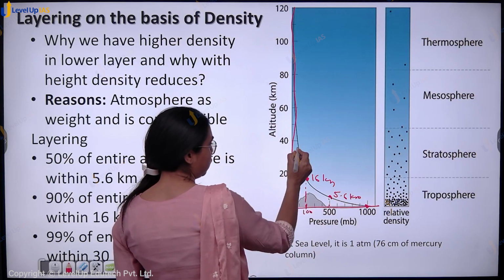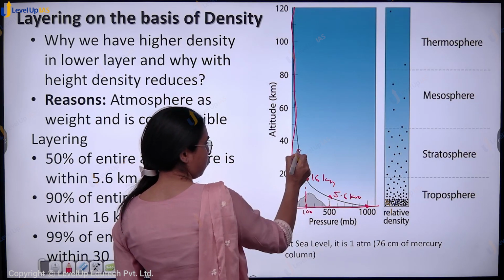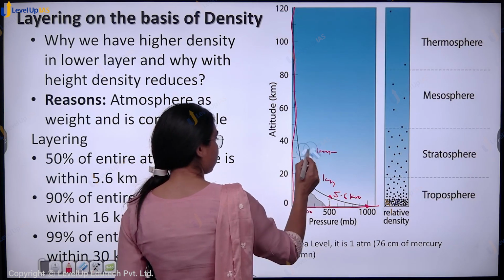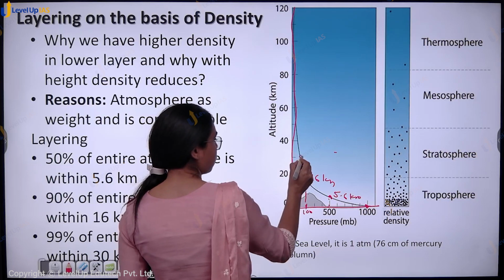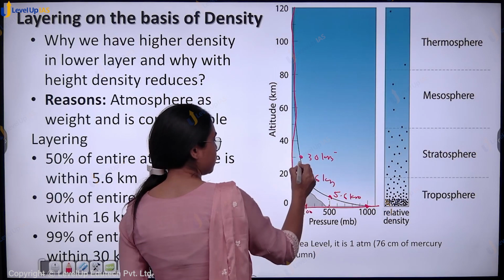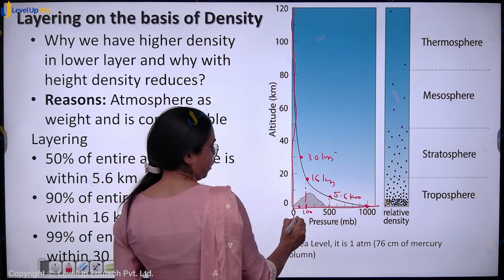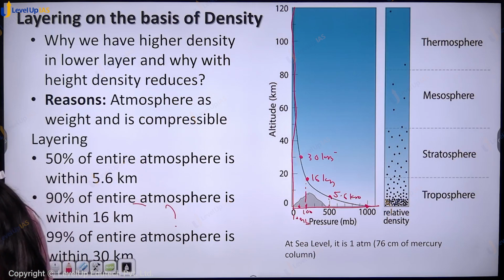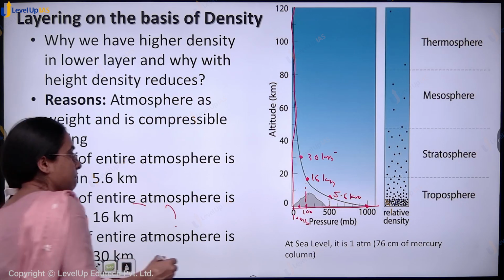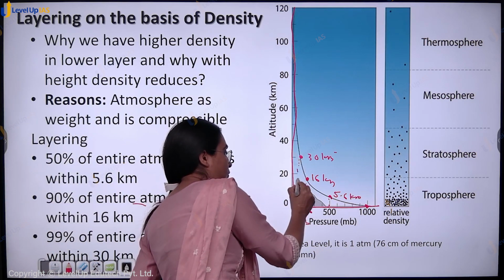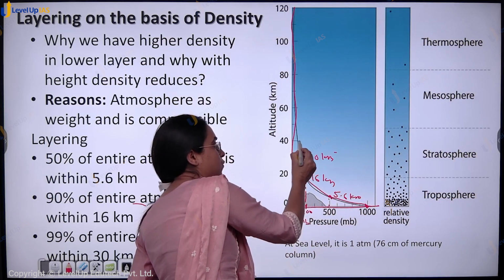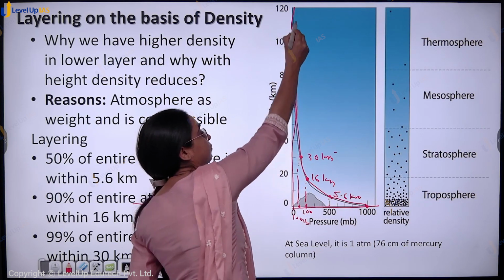And within 30 kilometers, you just have 10. Drastically pressure fall होता है. Your pressure starts falling drastically.